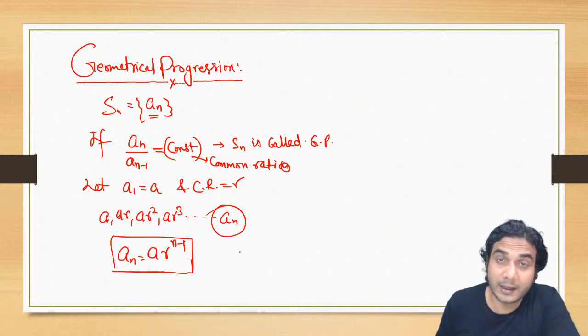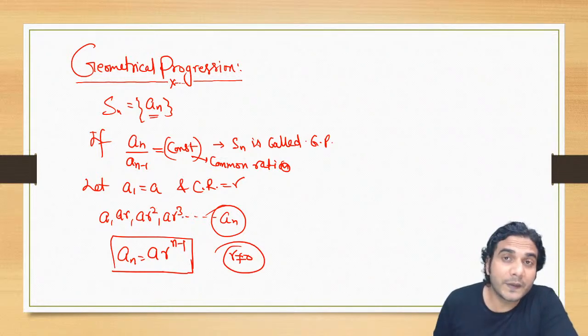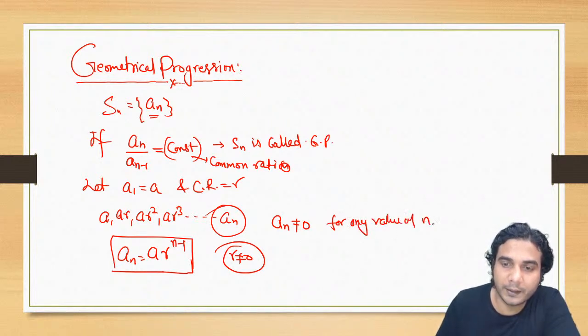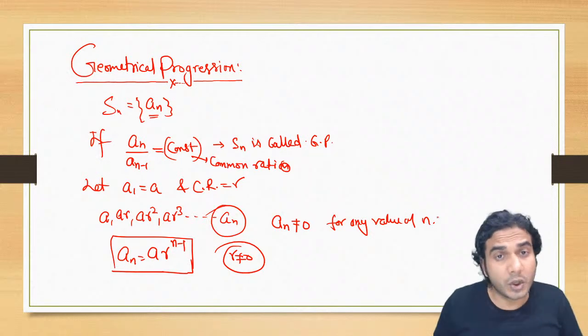And R cannot be 0. Remember that R cannot be 0. So no term of a GP can be 0. In general, an cannot be equal to 0 for any value of n. So GP has non-zero terms.